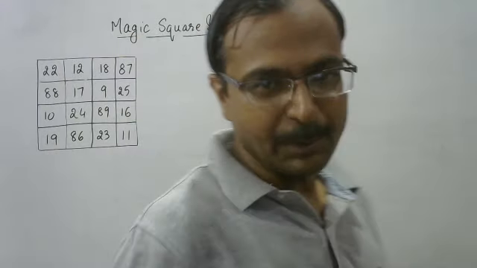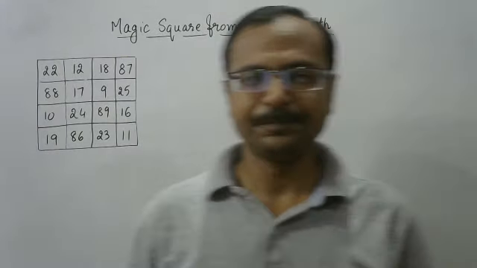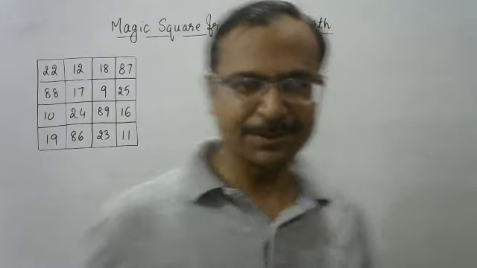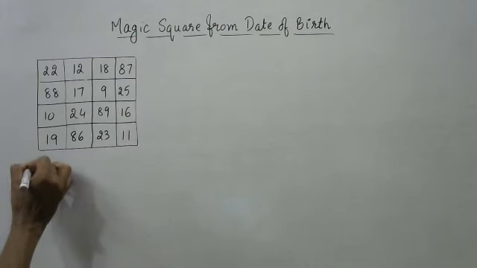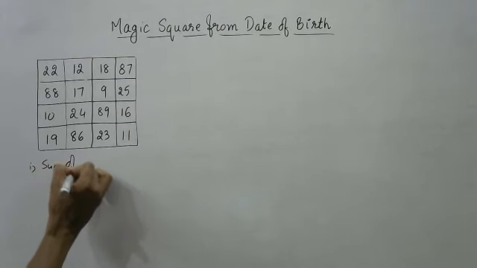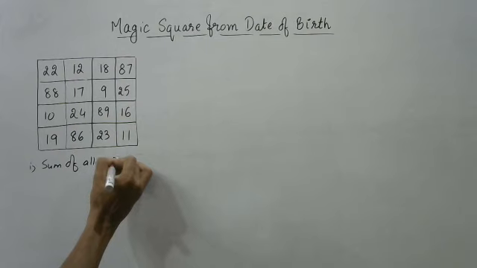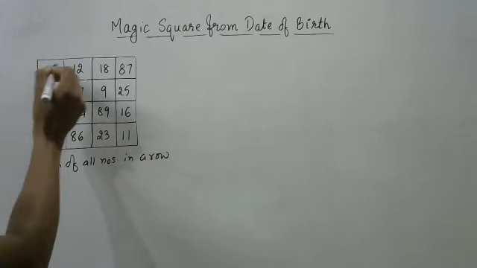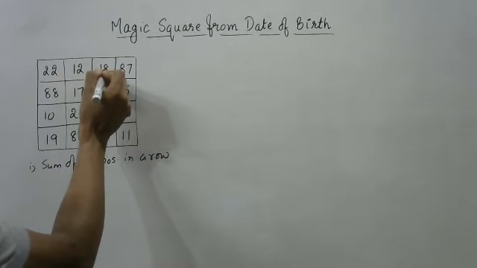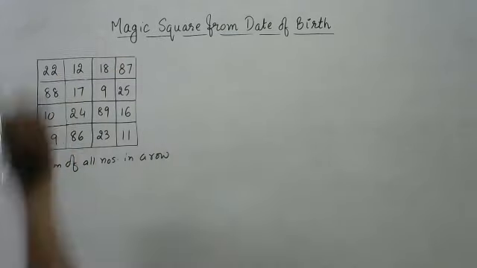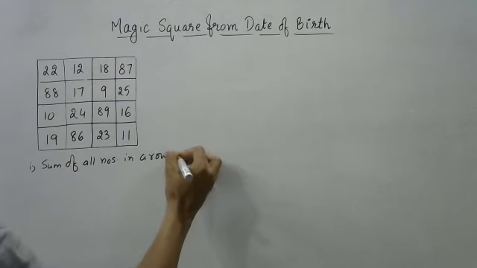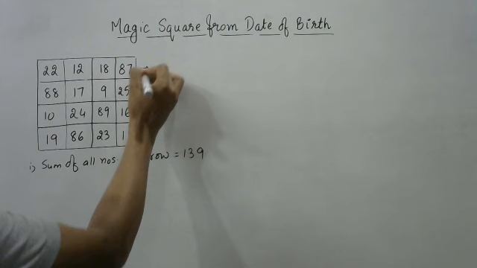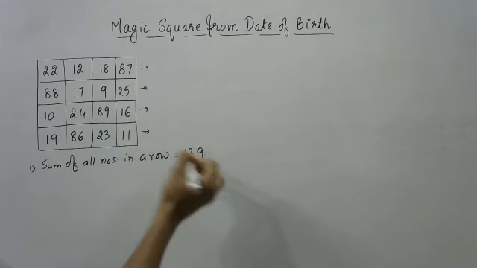Now the special thing about this magic square, 3 or 4 obvious things are there that I'll write first. Sum of all numbers in a row. So 22, 34, 44, 52 and 89 is 139. So every row the sum will be same, 139.